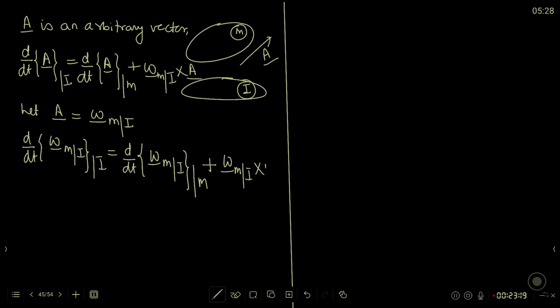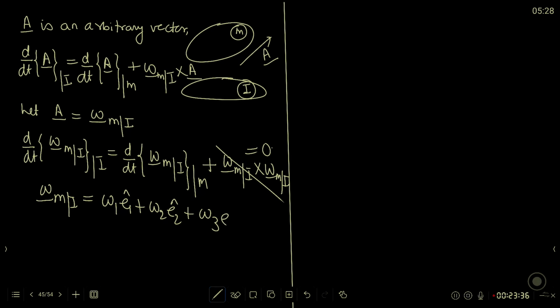Now omega mi I am expressing as this, where E1, E2, E3 are all fixed to m in my coordinate system, right?